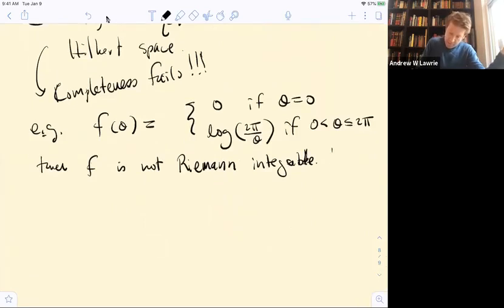But if I take f_n of theta, I'm going to define a sequence of functions defined to be 0 for theta up to 1 over n.